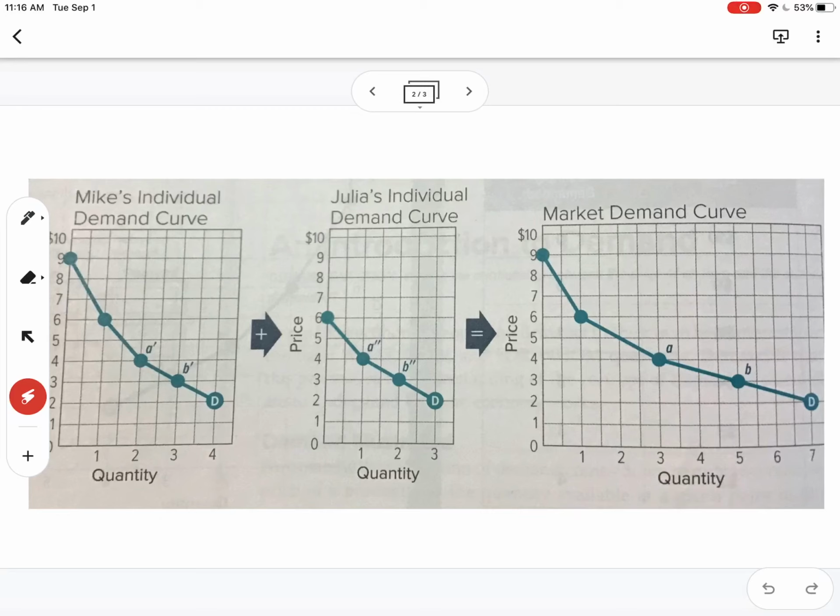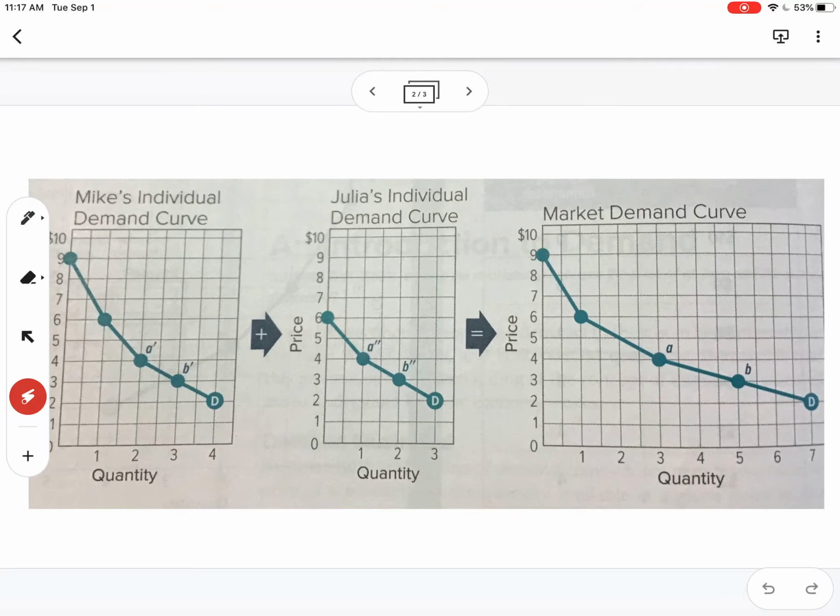The first place that anyone's willing to buy a hot dog is at $6. And it's actually Mike. Julie's still unwilling to buy a hot dog for $6, so there's only one in the market at $6. At $4, they're willing to buy 3 hot dogs. They're willing to buy 5 hot dogs at $3 and 7 hot dogs at $2.